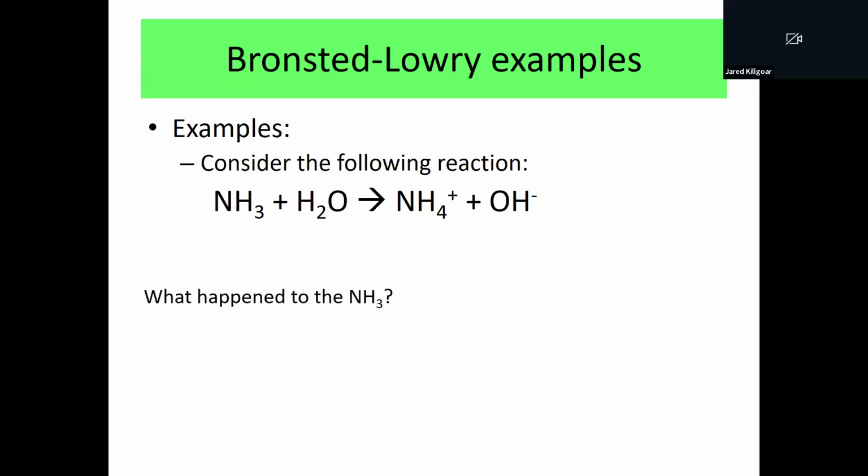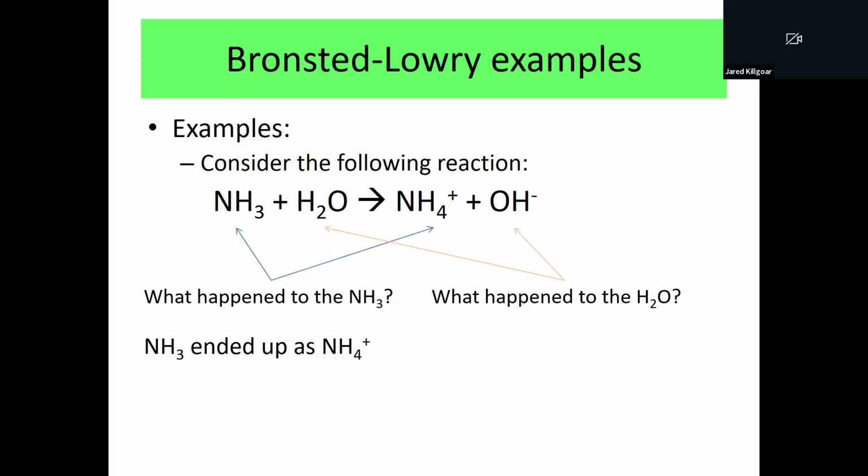Let's look at the pairs. NH3 is the reactant, NH4 plus is the product. H2O is the reactant, OH minus is the product. Let's see what happened to both of these in order for this reaction to go from the reactants to the products. NH3 in the reactants became NH4 plus in the products.